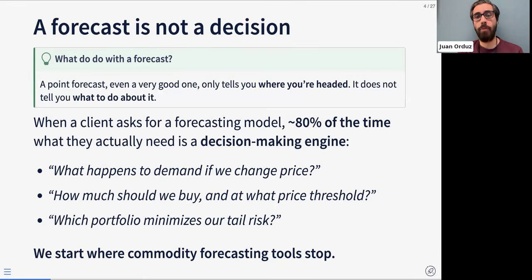In addition, when we think about supply chain, in many cases, what you want to understand is the demand and also how to capture it through, for example, pricing.